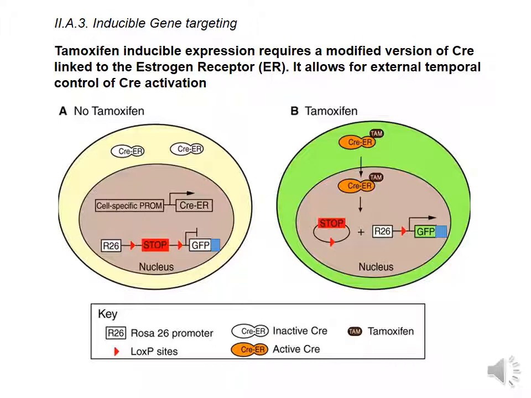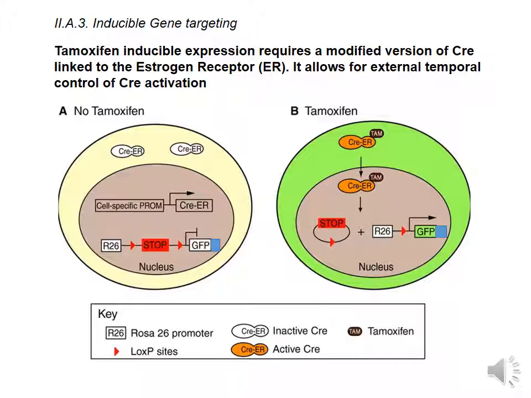For this example, we will generate a mutant animal in which we inserted this construct. We use a bacterial constitutive plasmid promoter that contains a stop codon that is flanked with LoxP sites, followed by a GFP protein that is fused to an additional gene that we want to express under certain circumstances.